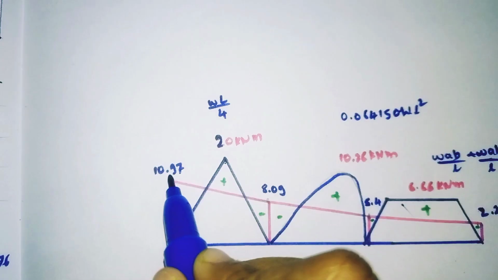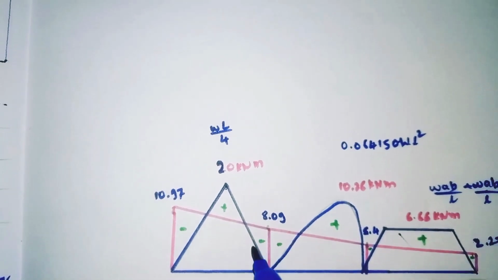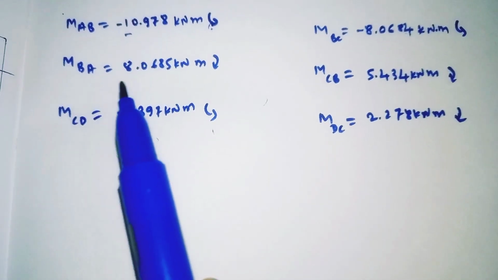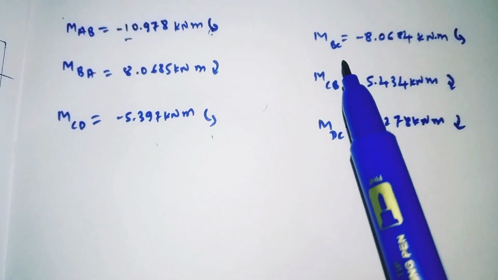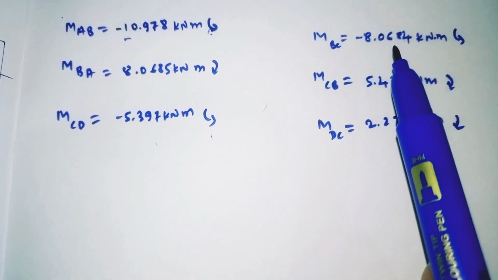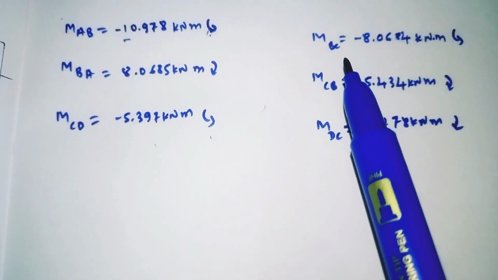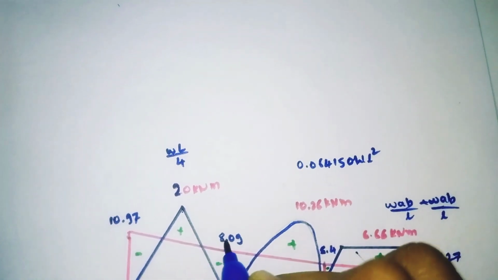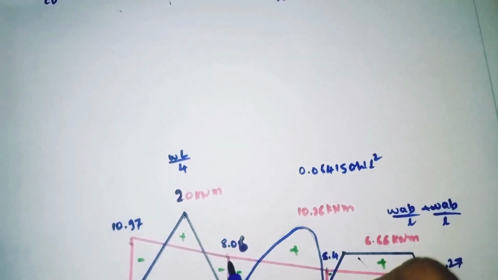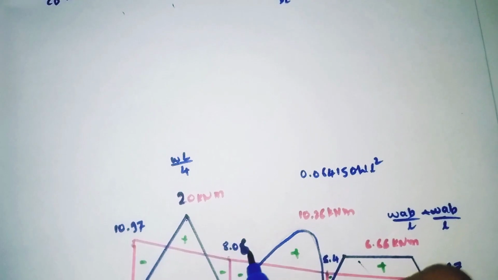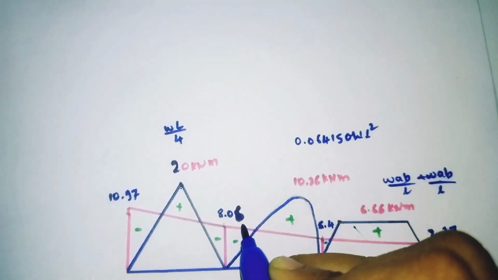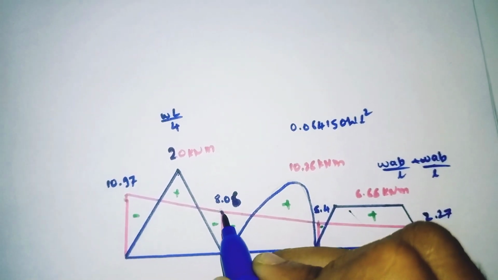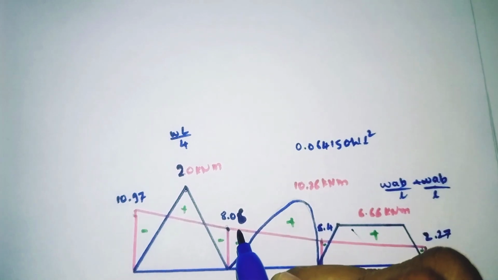It comes here 10.97, and our BA value is 8.06 and BC value is minus 8.06. Both will come at the same point. Both will overlap with each other. So it will come here, plus 0.806 and minus 0.806, both overlapping.